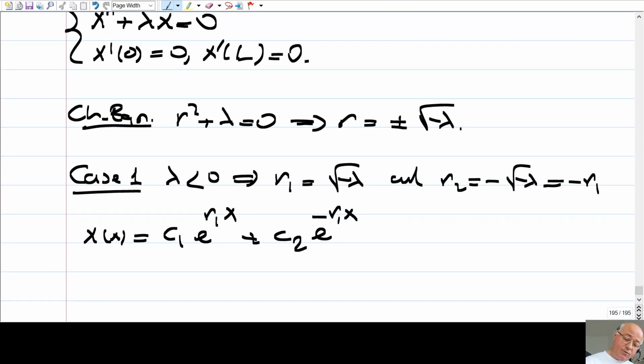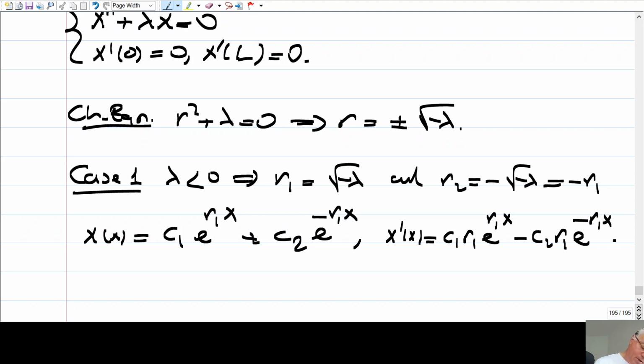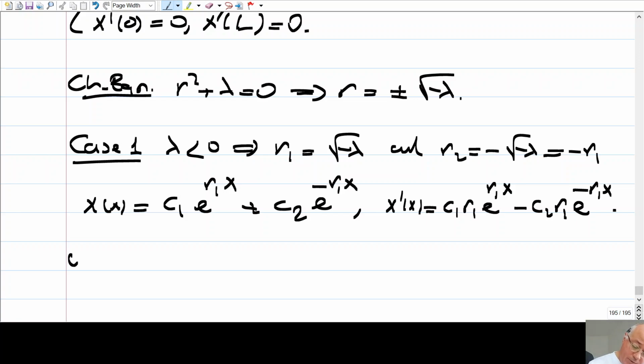What are these constants? Well, I need to use my conditions, and for that I need to take its derivative. What is the derivative? It is just C1 times R1 e to the power R1 x minus C2 times R1 e to the power minus R1 x. All right. Now 0 is equal to X prime 0 gives us what? When I plug in 0, I should get 0.